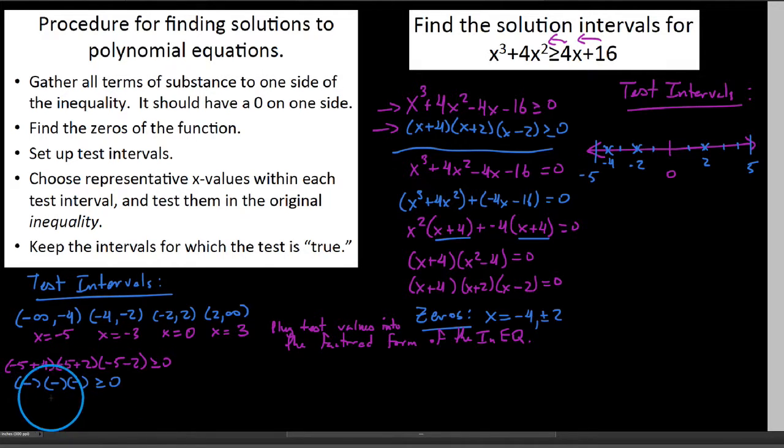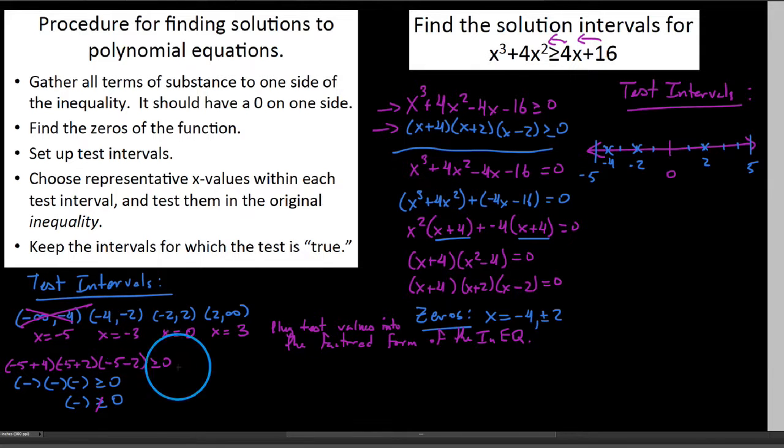The bottom line is a negative times a negative times a negative gives a negative. We would not say this is a true statement, given that a negative is not greater than or equal to 0. This would be an acceptable statement even in my classes, so I would say that this test interval does not pass the original inequality.